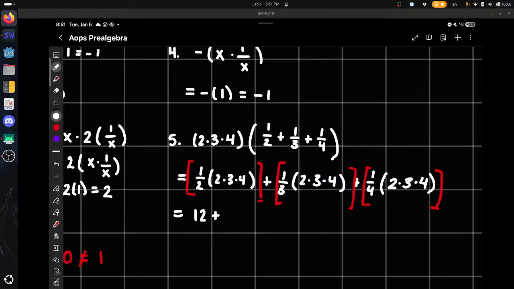Let's do the same thing here. Move those numbers around, we get 2 times 4, that's 8. Let's do the same thing here. 1/4 times 4 equals 1, so 2 times 3 is 6. We get 26. Okay, now let's check our answers.